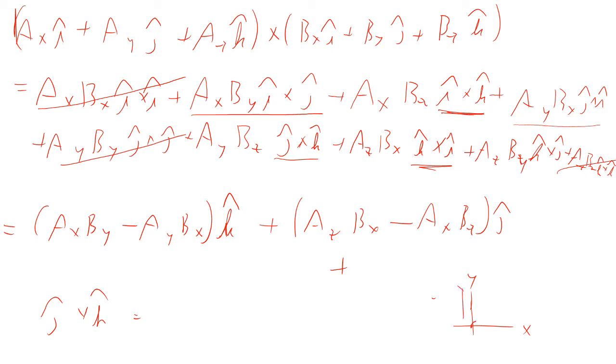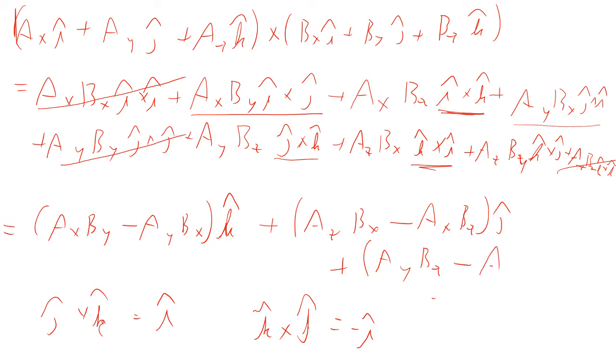Put your hand in that direction and curl your fingers to point out of the screen, and your thumb points in the X direction. So J cross K is I, and K cross J is minus I. That means we get AY BZ minus AZ BY in the I direction.